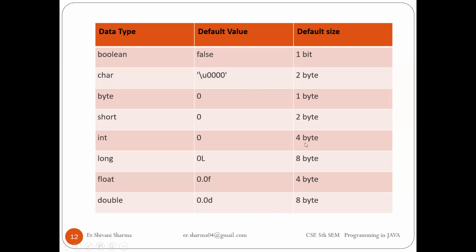And this memory storage capacity is fixed for every system. It will not vary because Java is a platform independent language, and it is architecture neutral, as we discussed in the features of Java. The memory size of Java never changes. It will be fixed whether you are using the 32-bit architecture or the 64-bit architecture.